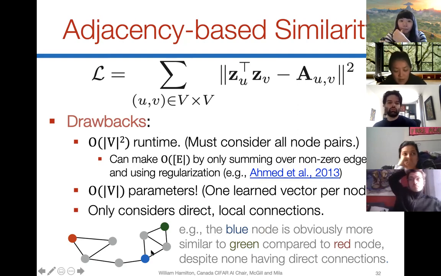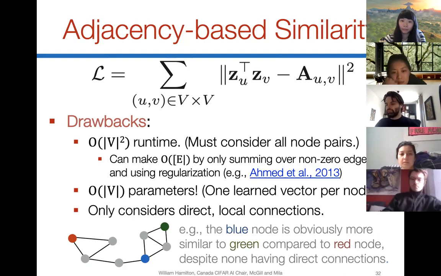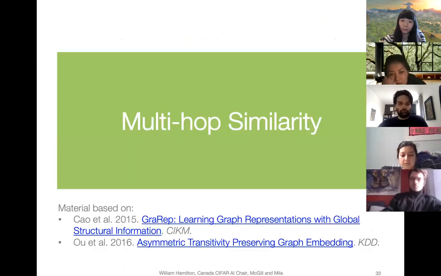Ideally, in this example down here in the bottom left, we would want the blue and green node to have more similar representations than, say, the blue and the red node, because it really seems like the blue and the green node are closer together. And this approach of only directly optimizing whether or not two nodes are connected doesn't really capture these more general notions of neighborhoods between nodes.